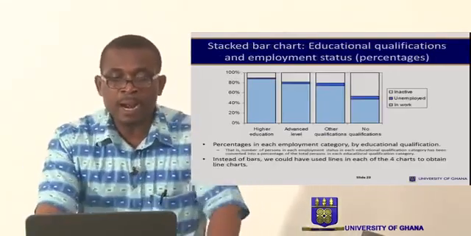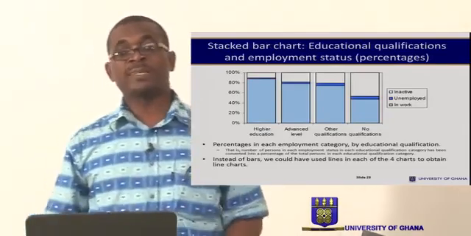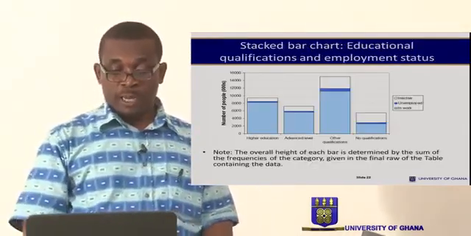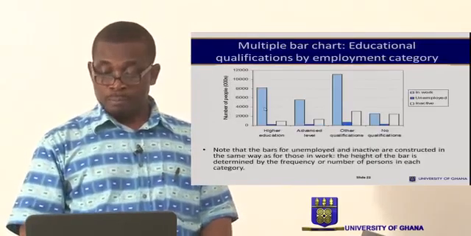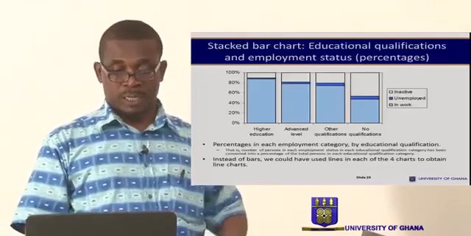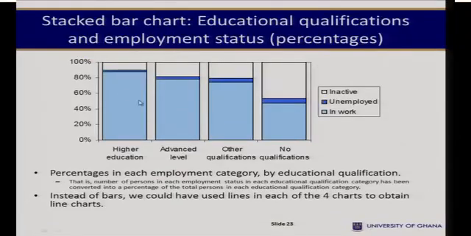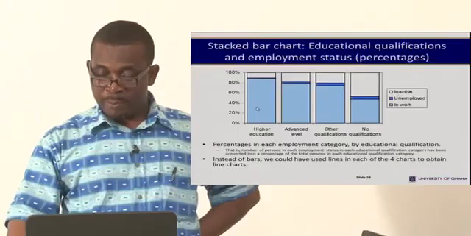Now the stacked bar charts can also be converted to percentages. So instead of looking at the raw numbers here, we compute all of them over 100%. So the total number in higher education, we make it 100%, and then we split it amongst the three categories: in work, unemployed, and inactive. So that's what we did. Now let me backtrack a bit.